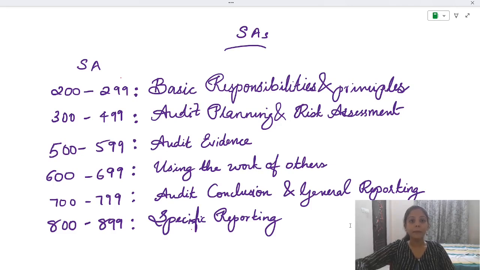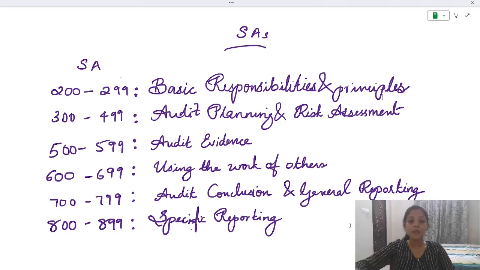But before that, let me give you a series-wise SE detail. As we have told in the earlier session, the standards on auditing range from SE 200 to 899, and we can segregate them into different series. The 200 series, from 200 to 299, deals with basic responsibilities and principles. 300 to 499: audit planning and risk assessment.